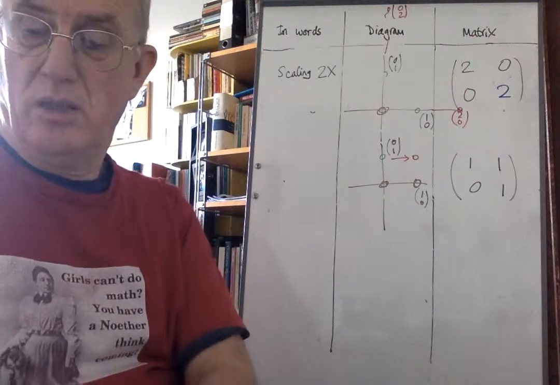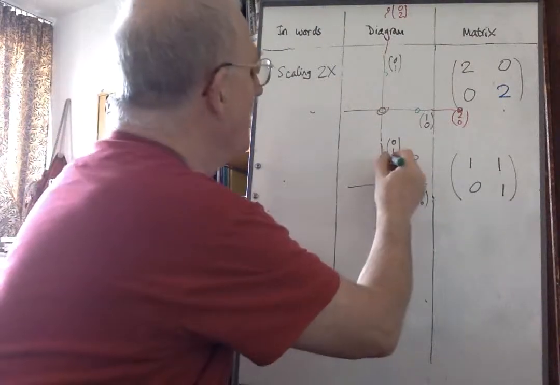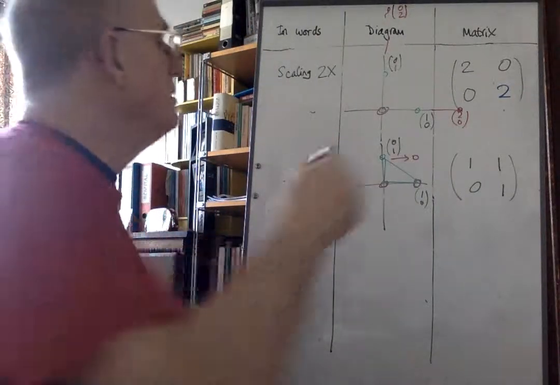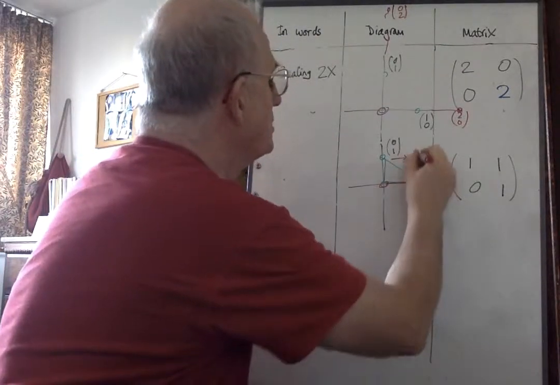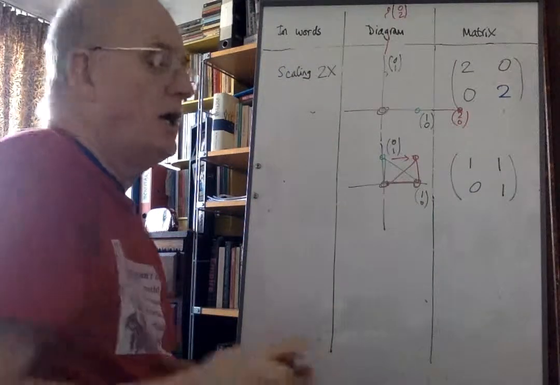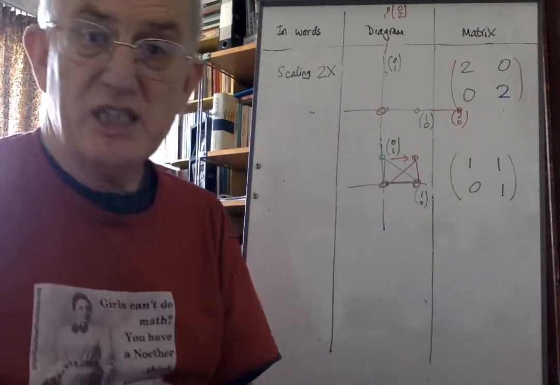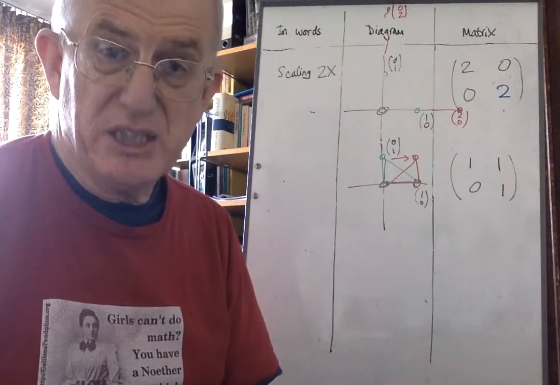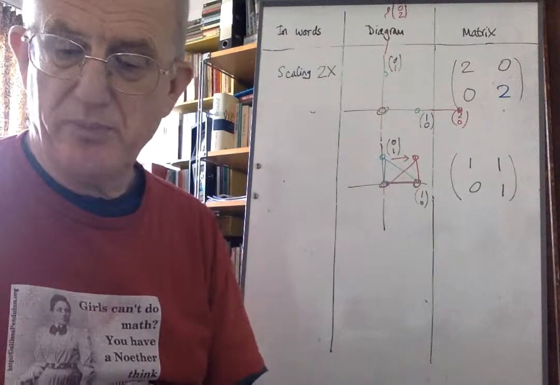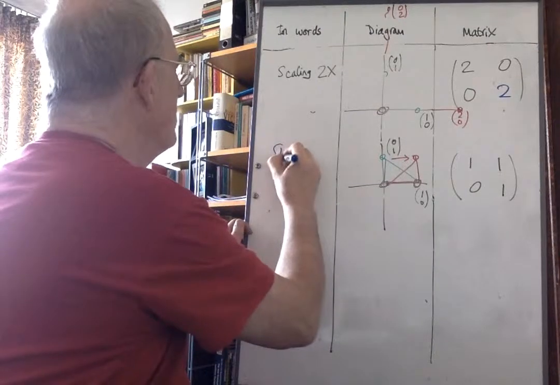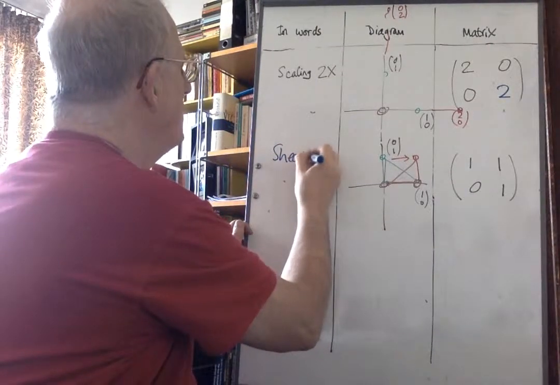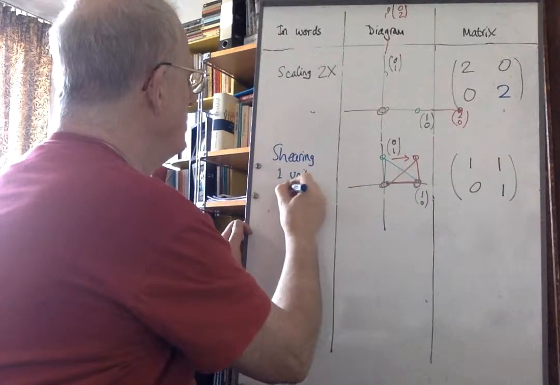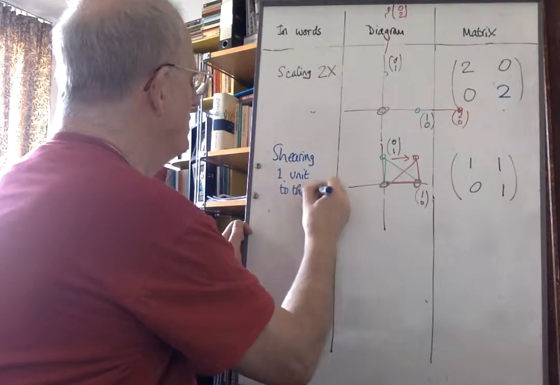And what that means is if we had a triangle like that, it would change into a triangle like that. And that is called a shearing. It's like the Mona Lisa picture that we have in the classroom. So that's a shearing 1 unit to the right.